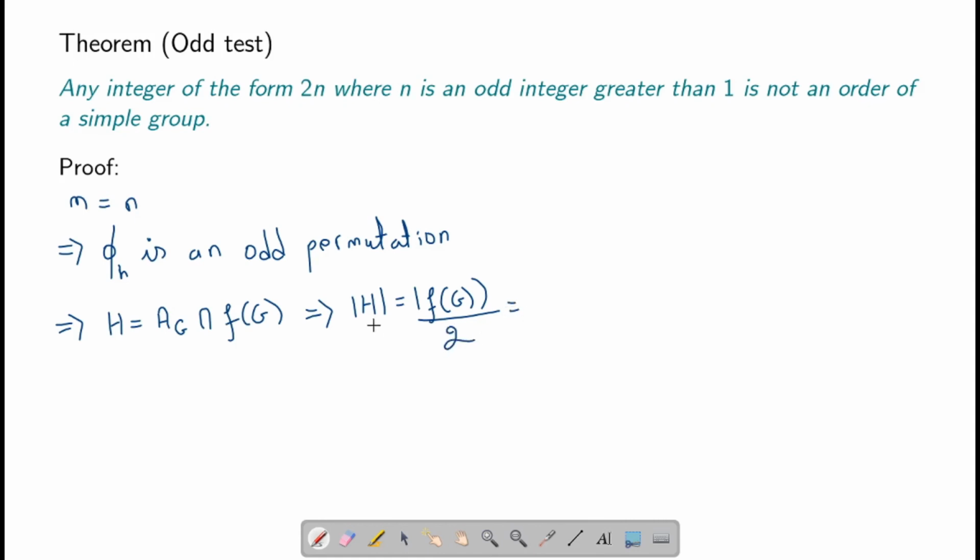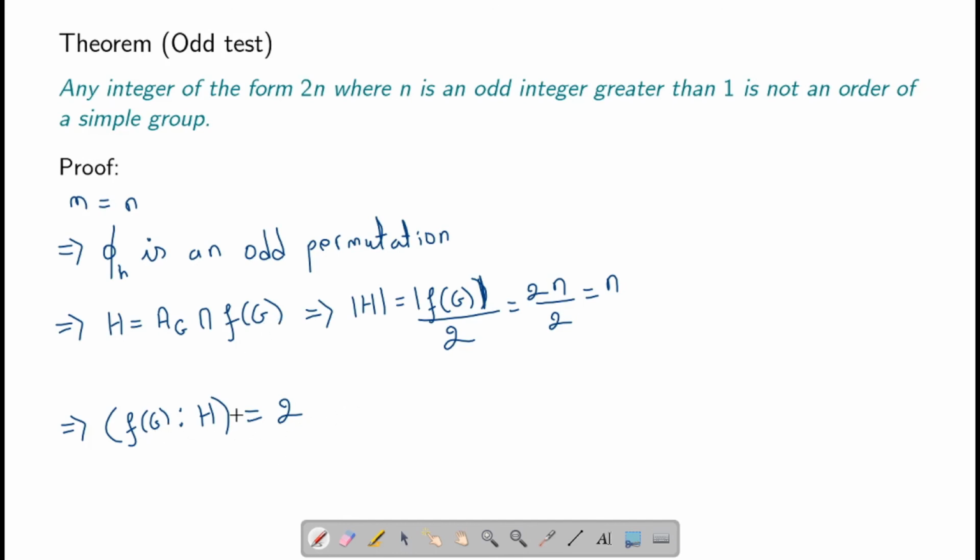But we know that the number of elements in F(G) is 2n. So this will be just n. So the number of elements in H is n, and therefore the index of H in F(G) is 2.